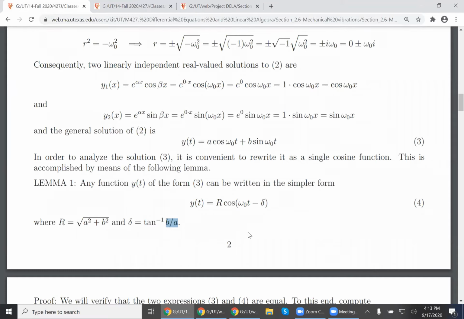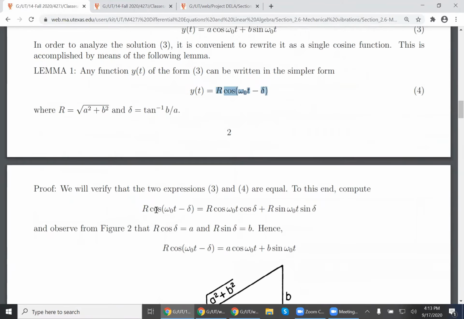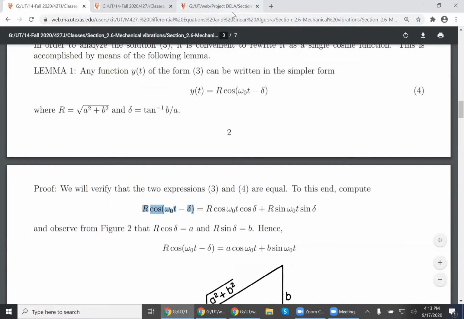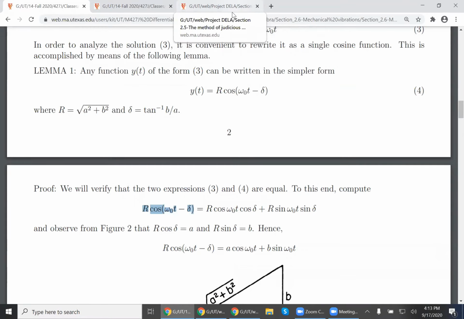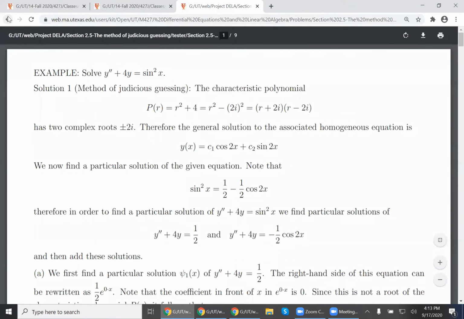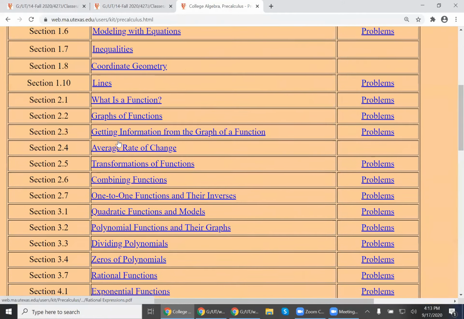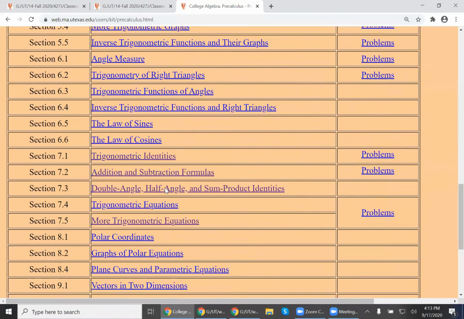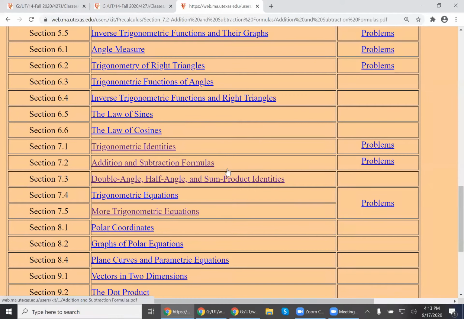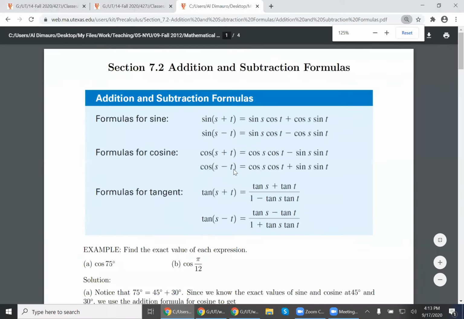Here's why. Let us start from the right-hand side. It's over here. Let us go back to one of my pre-calculus handouts. So we click on pre-calculus, and then we click on section 7.2.